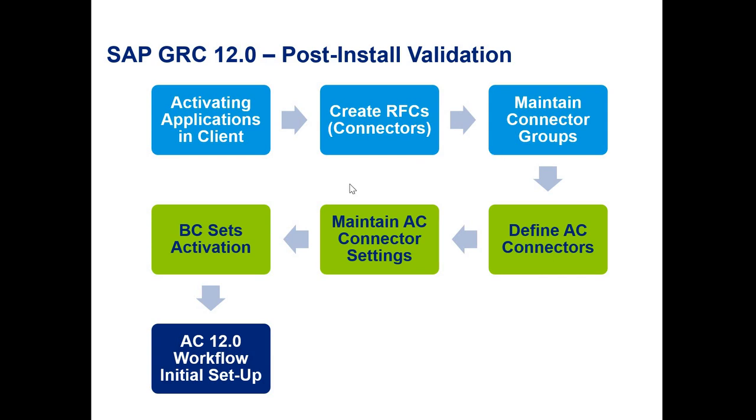For example, if for your ECC system you want to implement all four sub modules of access control, we add the system for all the modules. You can say for the ECC system you want to implement ARA, ARM, BRM and emergency access. We tell the GRC system that we want to implement all four modules for our system.